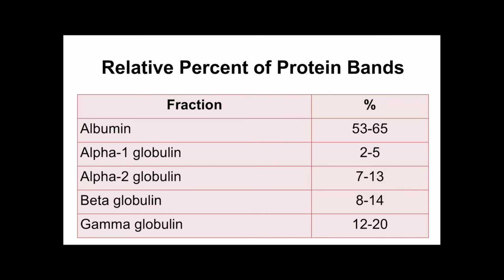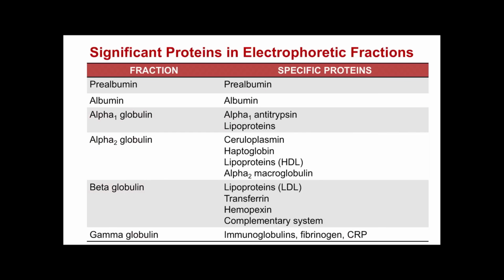Another one, we have the relative percentage of protein bands. As you've noticed here, albumin is the most abundant protein present in the blood, and the least is the alpha-1 globulin fraction. And also we have a list here of the significant proteins in electrophoretic fractions. Sometimes we can also observe the pre-albumin in the electrophoretogram pattern.